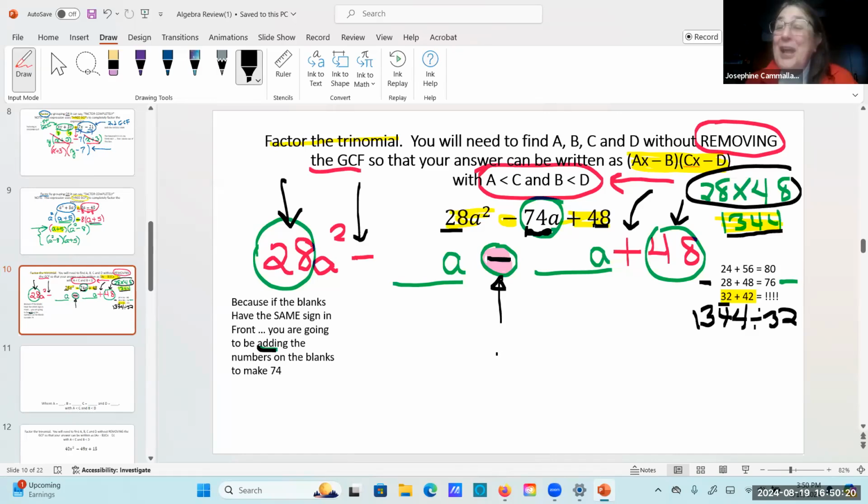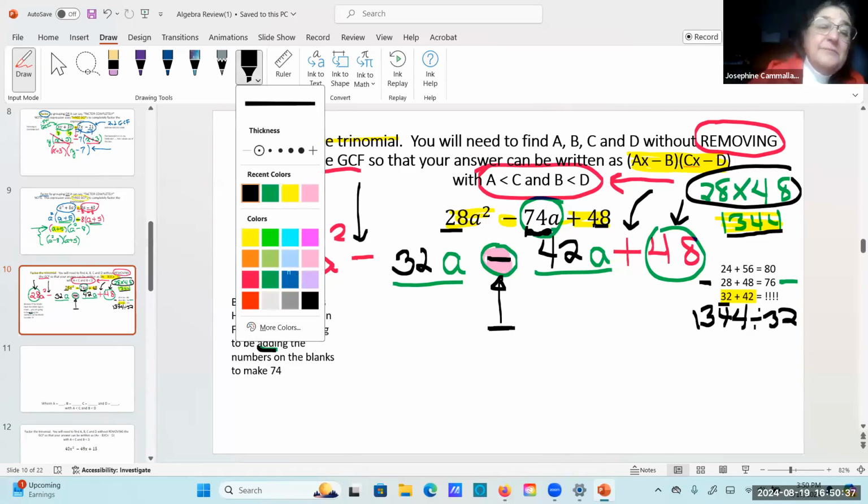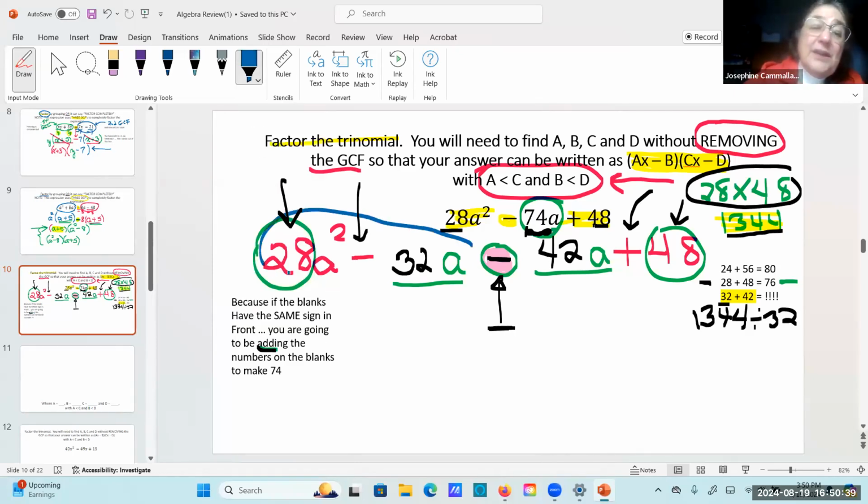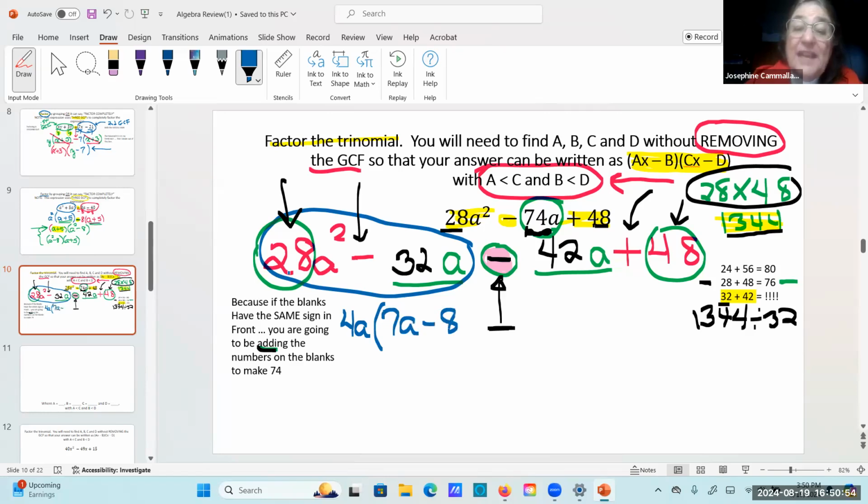Okay. Now I'm going to put 32 here, and I'm going to put 42 here. Remember, that sign's negative. These two terms have a 4a in common. This will give me 7a minus 8.